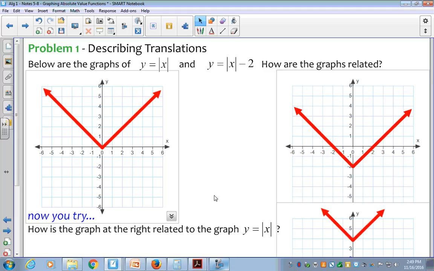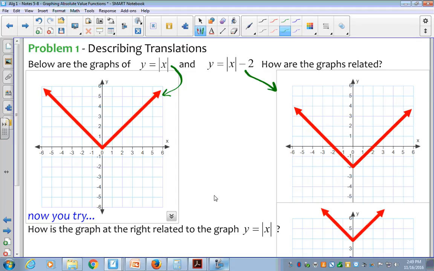All right, so we're going to look at translations here. Pictured are graphs of y equals absolute value of x, and if that's confusing, that's this guy, we just graphed it. And then this is y equals absolute value of x minus 2.